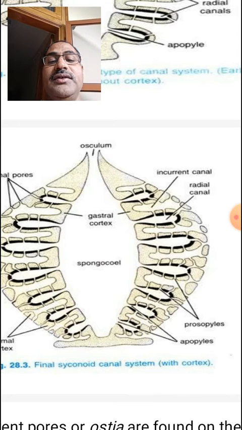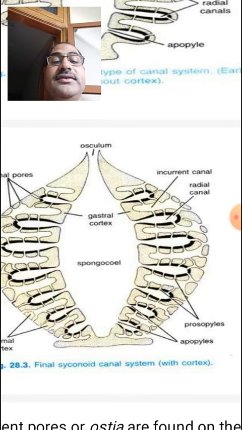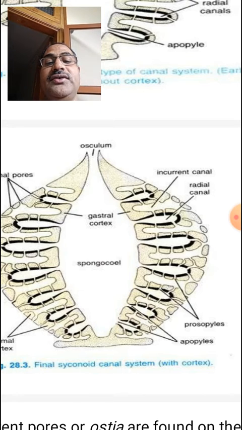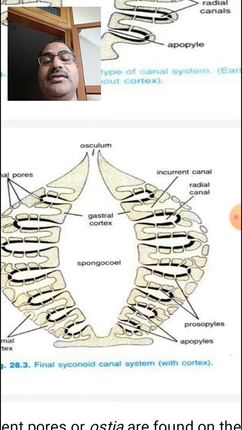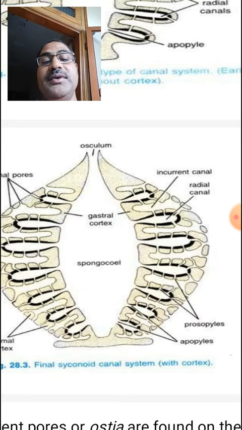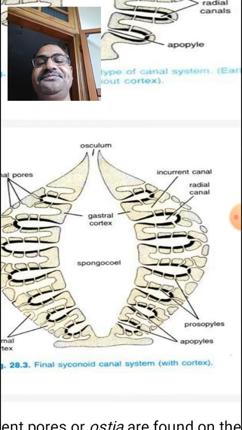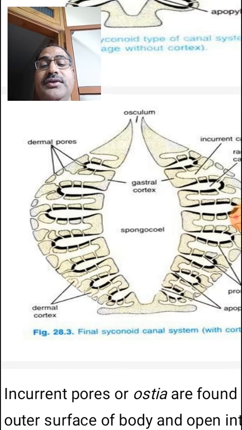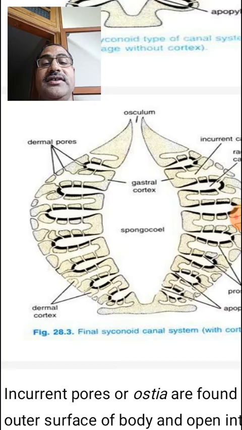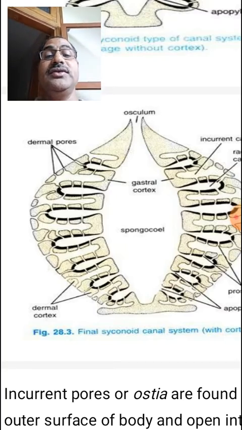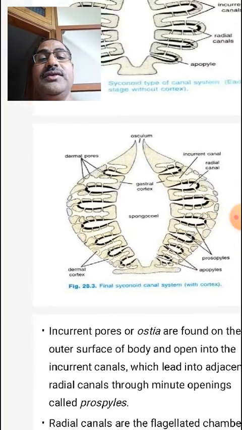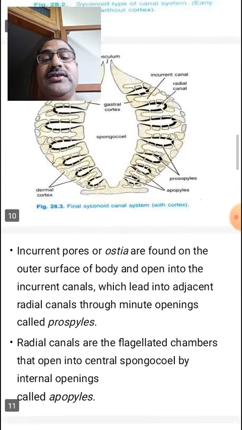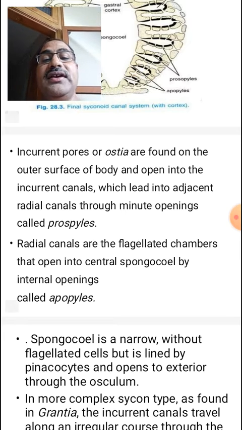The same incurrent canals, radial canals, prosopyles, apopyles, spongocoel, and gastral cortex, internal spongocoel, dermal pores, and dermal cortex are also there in this. The water comes out through the osculum. So this is about the syconoid with cortex and without cortex.